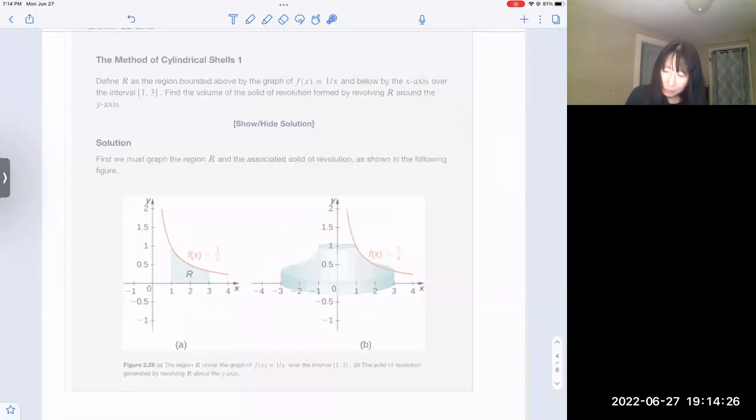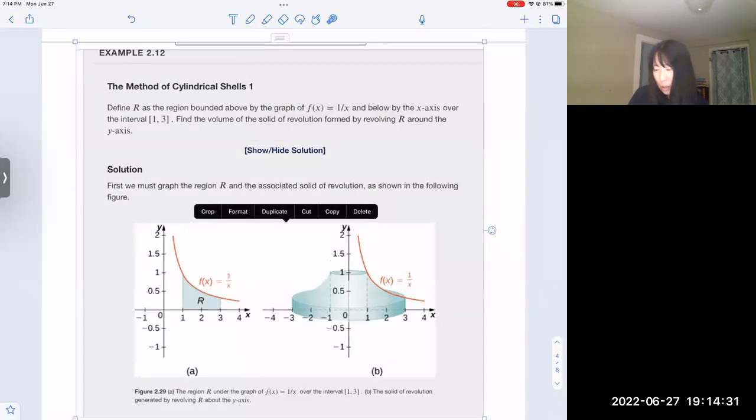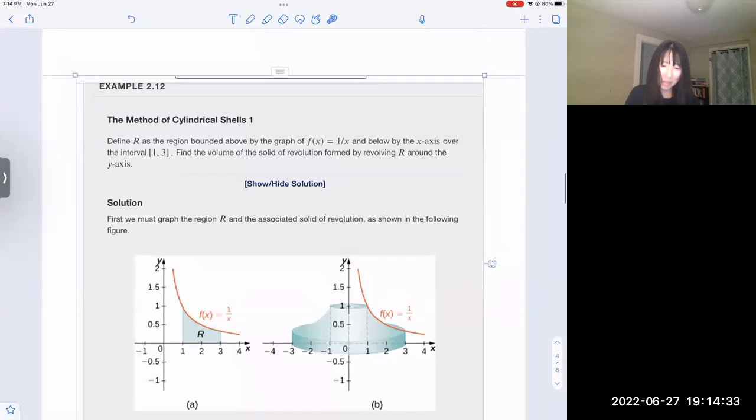We have f of x equal to 1 over x, bounded below by the x-axis over the interval 1 to 3. Everything is in terms of x, but they said the solid of revolution is formed around the y-axis.